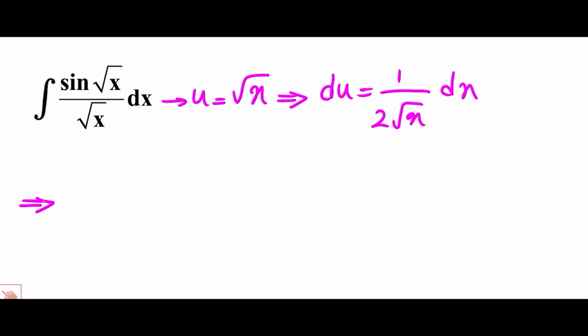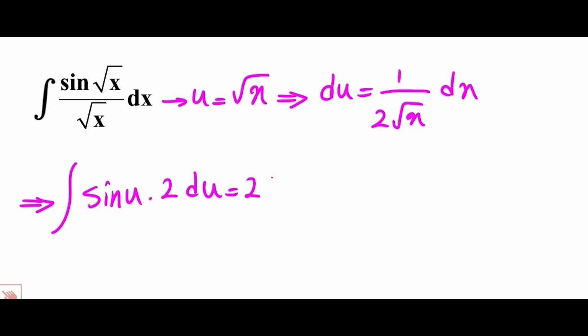So we have the integral of sine of the square root of x, u equals the square root of x. So we have sine of u, and dx over the square root of x equals 2 du, right? Now we can pull out the constant from the integral.